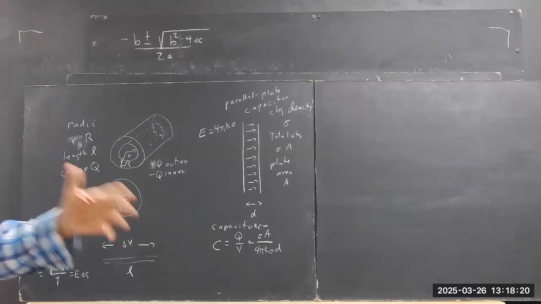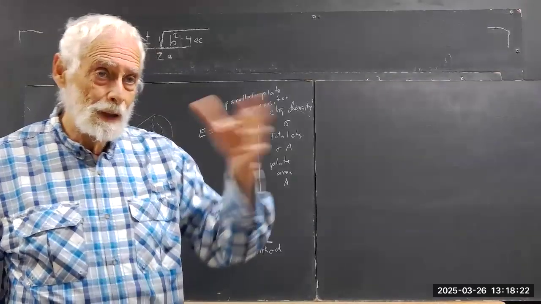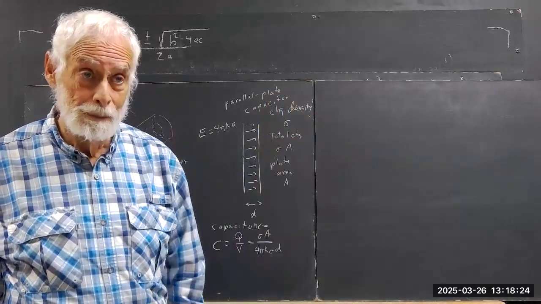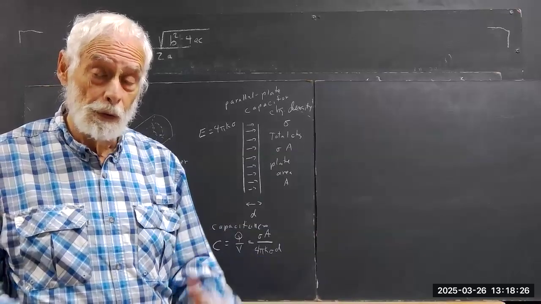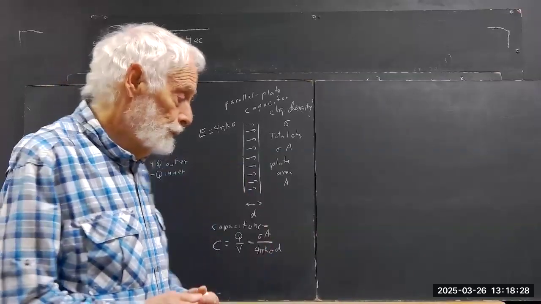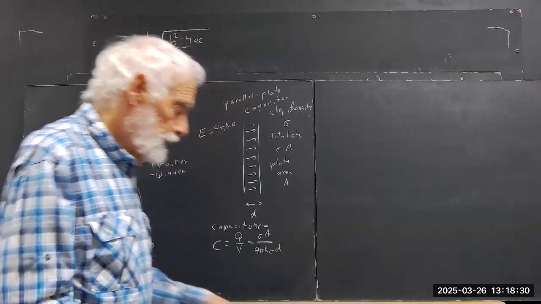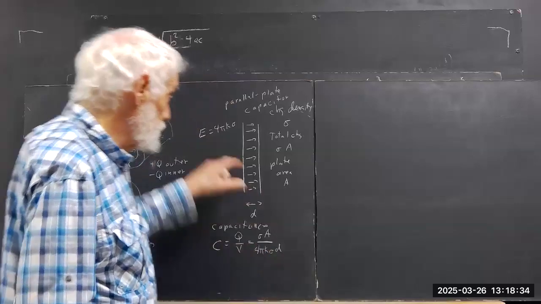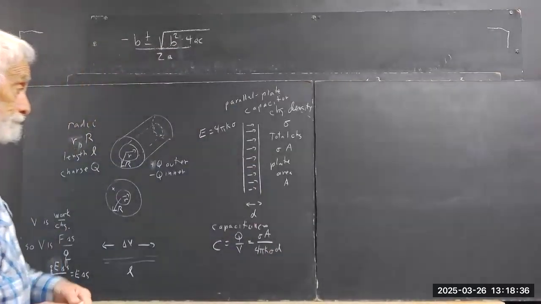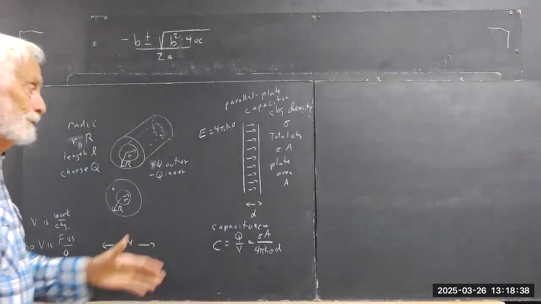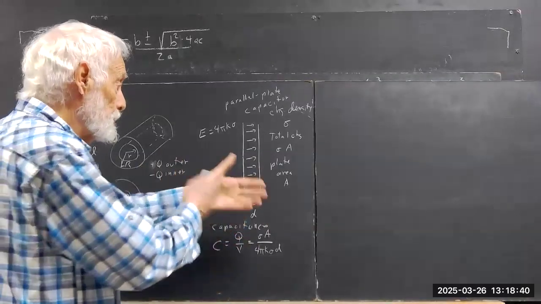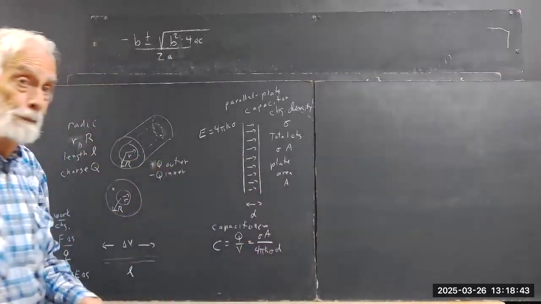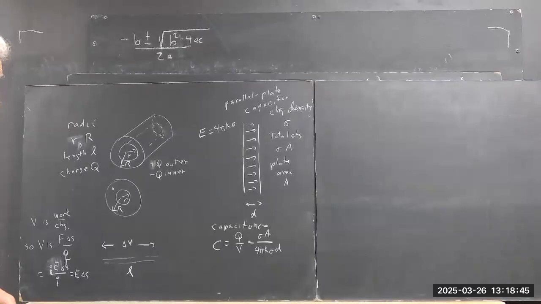You really have to understand problem 22 in set 1, and also problem 23, the Gaussian surfaces that you use. Remember the other day when I had this thing over a plane, talking about the Gaussian surface, it tells us how you reason this out. The two fields reinforce in between and cancel outside, and all that.